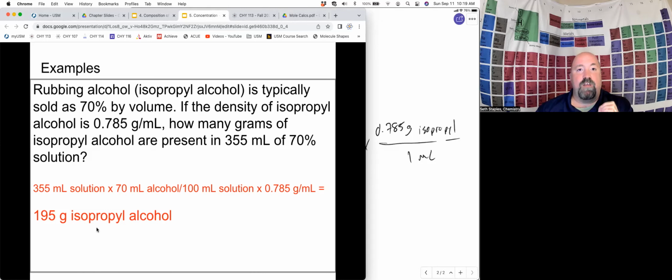How much of the thing that we're really looking for is present in that volume of solution? Could be some very useful information, depending on what it is that we're looking for. And again, it all comes down to that idea of concentration, of knowing how much of that solute of interest is actually dissolved in our solution. Very key information.